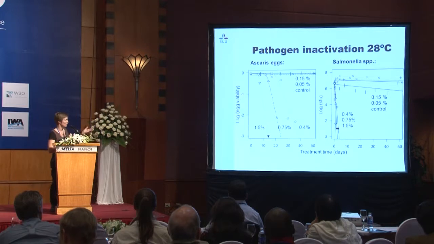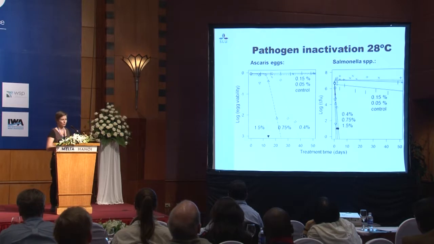Whereas for the Salmonella, you can see that some kind of a threshold concentration was found, like 0.4 percent of urea, where the inactivation is quite fast and doesn't differ that much from the higher additions because it's rather sensitive to ammonia. Whereas with a low dose of 0.15 percent, the inactivation was not that much faster than compared to the control that did not have any urea added to the toilet waste.